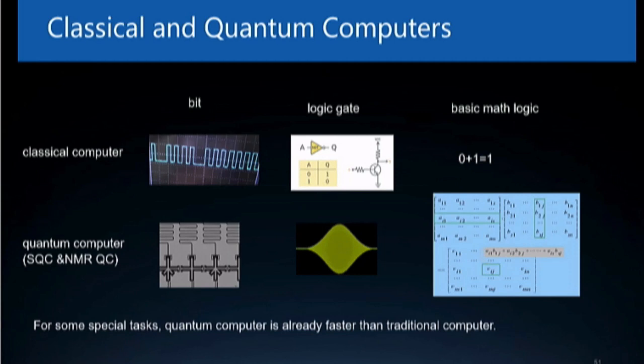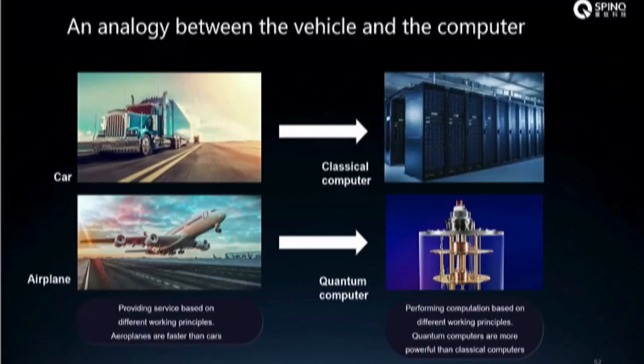It's flowing around. And from the mathematical aspect, the basic for classical computer is 0 + 1 = 1, while for quantum computer it is some matrix multiplication. And right now for some special tasks, quantum computer is already faster than classical computer.